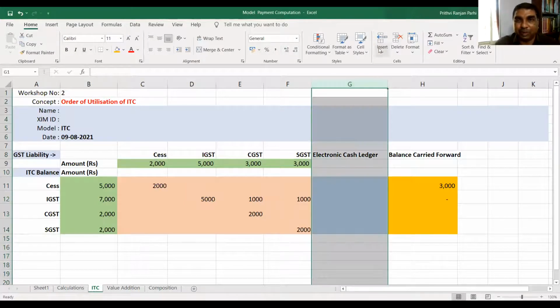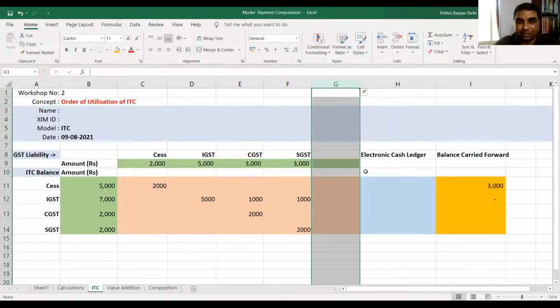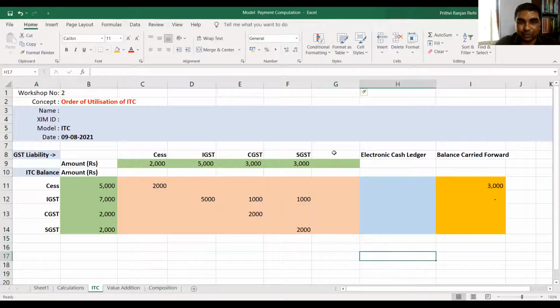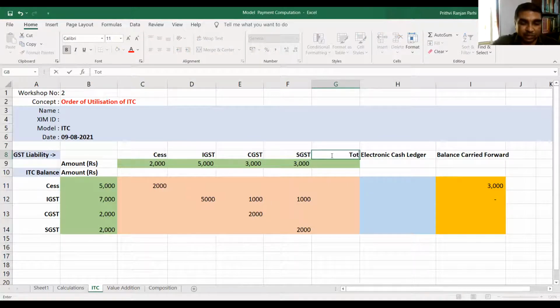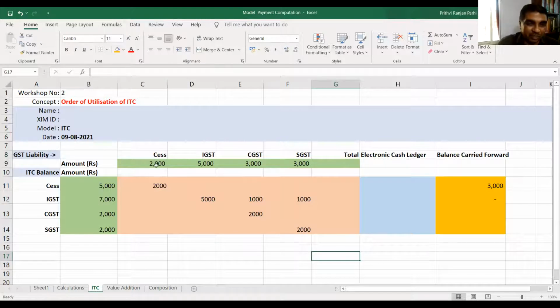If I do so, here let me insert one more column to show the total. We are still devising the format. It's a total column we'll be doing. Here also one total column we can do. So this is amount liability, this is paid, and you can have the balance amount here.